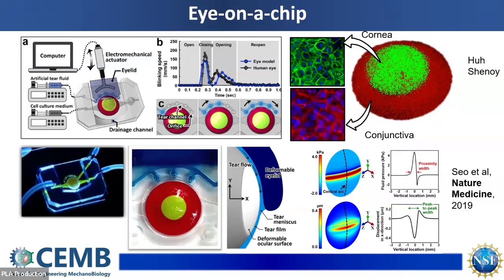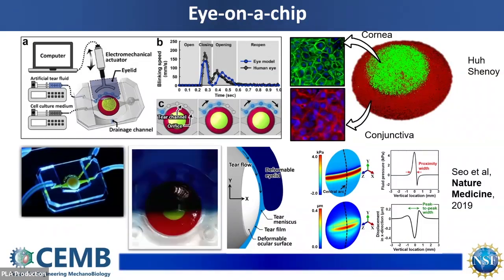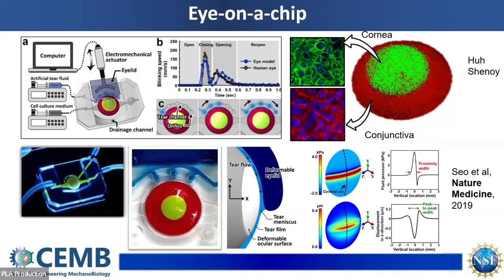So to maintain that epithelial phenotype of the cornea, you need that type of shear stress. This is being used to look at a variety of conditions, including dry eye disease, and you can use this system to develop various therapeutics to identify treatments for those conditions.